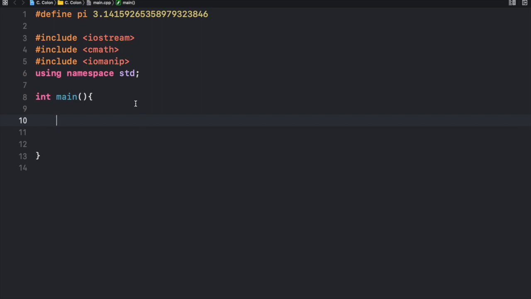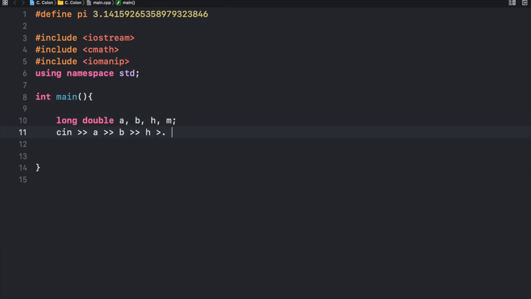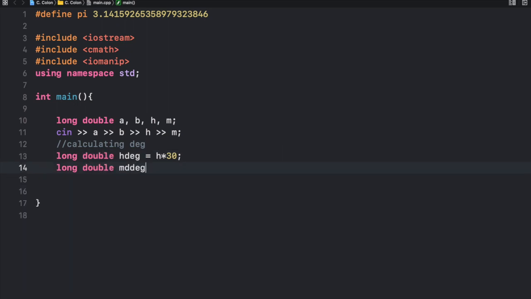So we're going to start off with our 4 integers, which we can write as long doubles. After inputting them, we want to start calculating the degrees. In order to do this, we can use the 2 formulas which we wrote beforehand. We can have a long double hdeg equal to h times 30, and long double mdeg equal to m times 6.